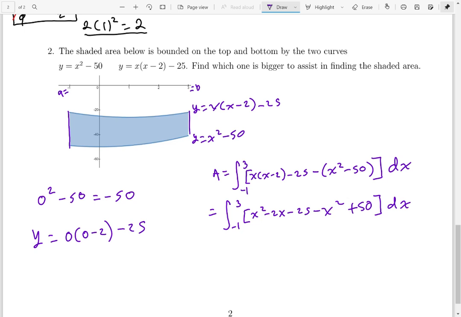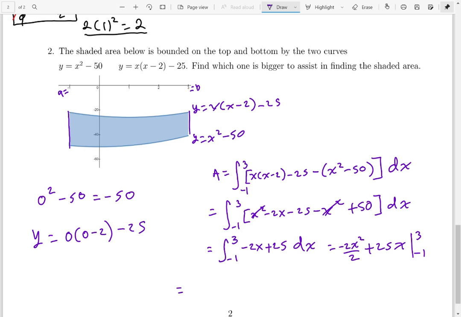I see that I can simplify a few more things. x squared minus x squared is going to be 0. And so this is then the integral from -1 to 3 of, well, x squared minus x squared is 0, minus 2x minus 25 plus 50 is plus 25 dx. Well, then my antiderivative here, I get to be -2 x squared over 2 plus 25x from negative 1 to 3.